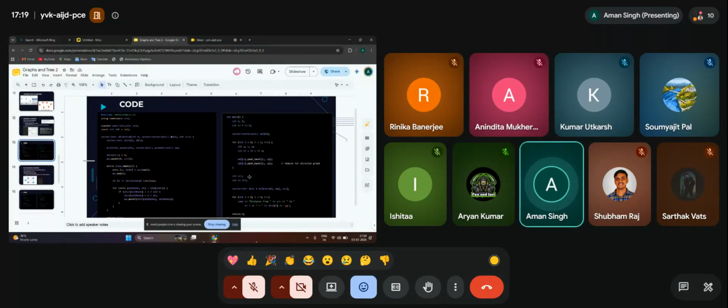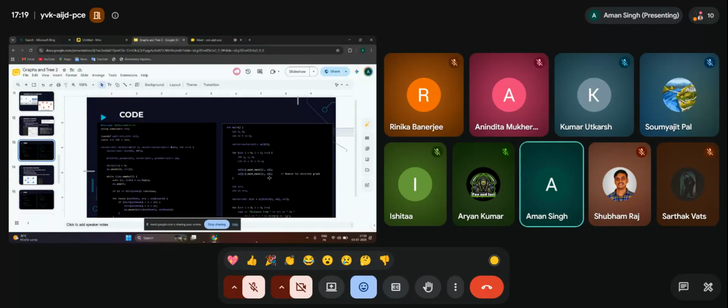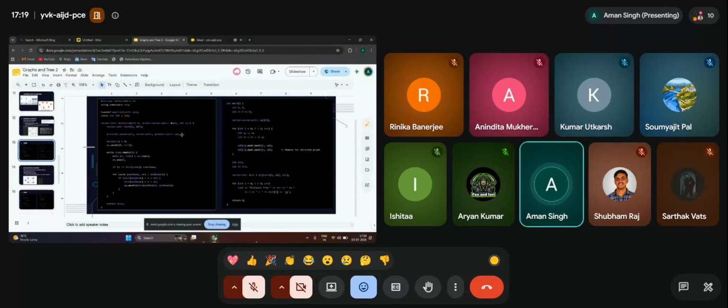So a source node will be given, and we are calling Dijkstra's algorithm here. Initialize a priority queue as a min heap, as you can see here in the syntax. Initially the minimum distance required to reach the source node is 0 because we are starting from this node only. So just push this 0, this is the distance, and this is the node number.